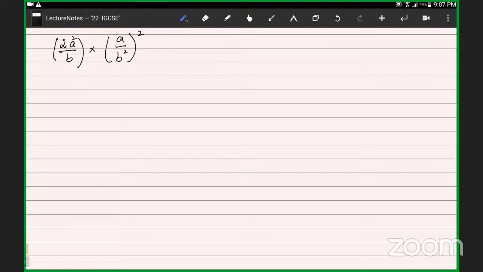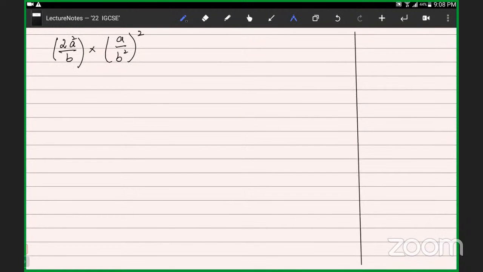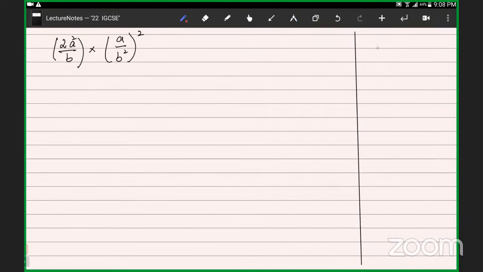We know that whenever we have this situation, it's a divided by b whole power n, so this will become a power n divided by b power n. Right? This power is distributed on both numerator and denominator.